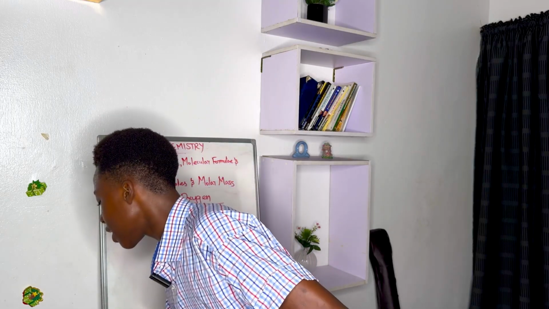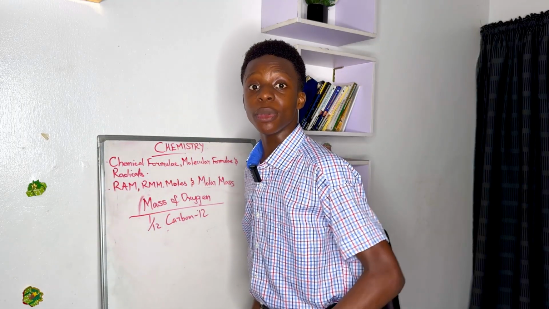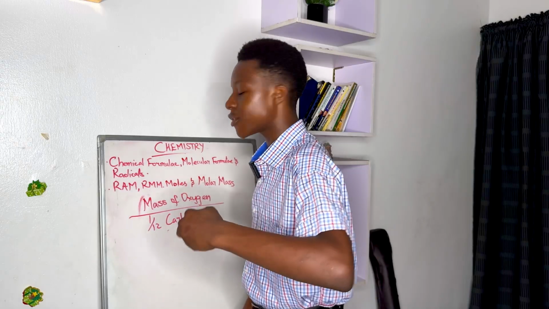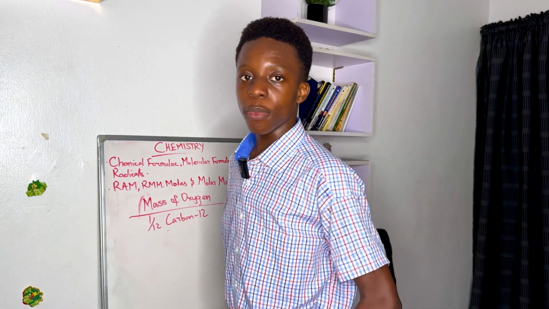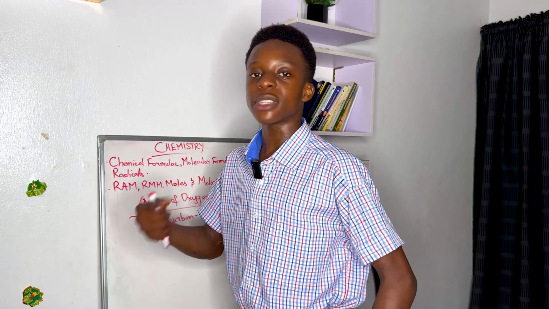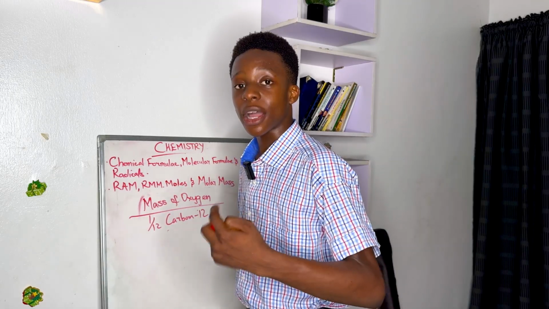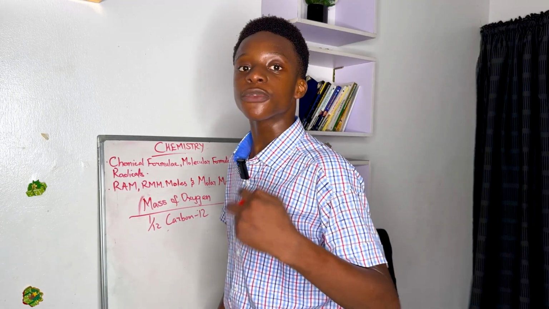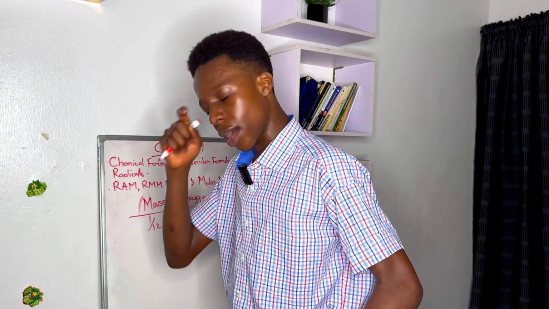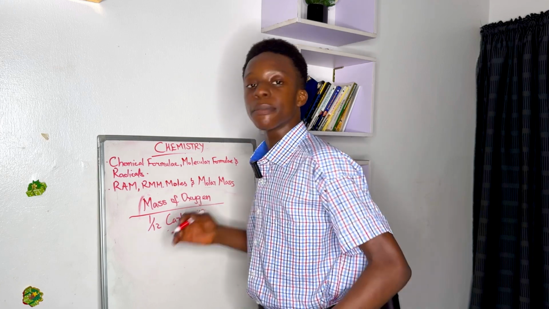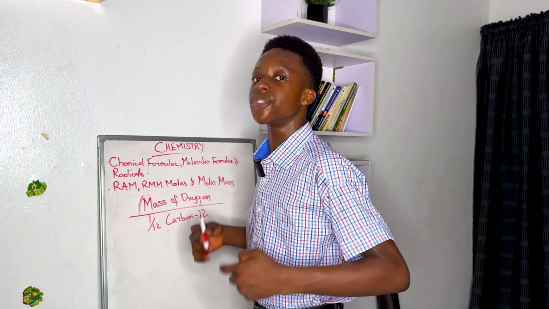So you could say that oxygen is 16 AMU because oxygen is 16 times heavier than hydrogen, or that carbon is 12 AMU because carbon is 12 times heavier than hydrogen. Or you could say that calcium is 40 AMU because calcium is 40 times heavier than hydrogen. But carbon is the most stable, so that is the one scientists use today.